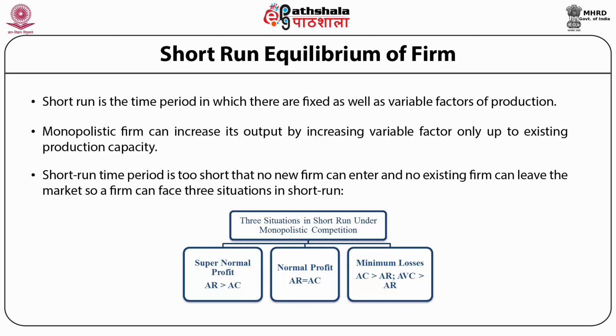So, a firm can face three situations in the short run: supernormal profit, normal profit, and minimum losses. In supernormal profit, AR is greater than AC. In normal profit, AR is equal to AC, and in case of minimum losses, AC is greater than AR, or AVC is greater than AR.